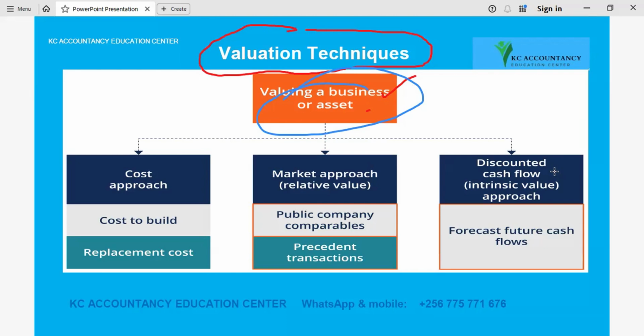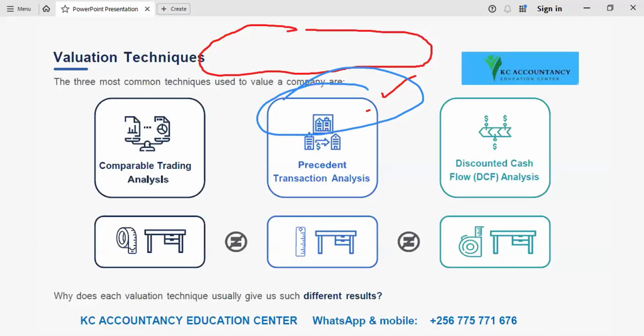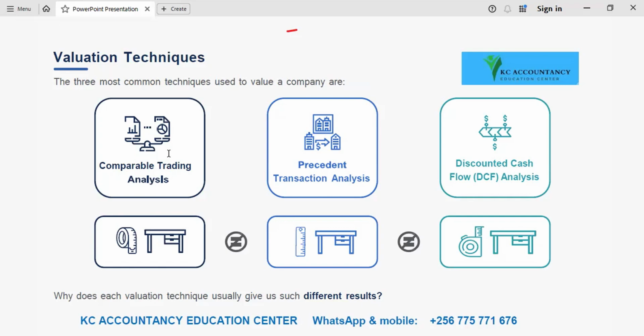Now, the three most common valuation techniques that are used to value a company would be comparable trading analysis.